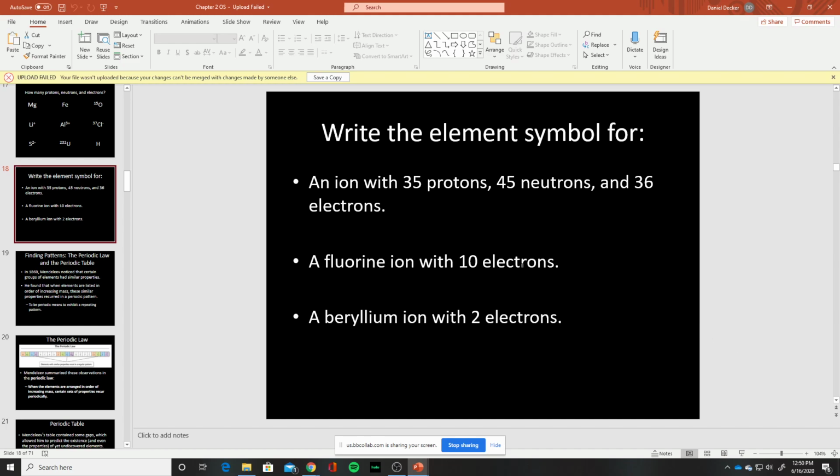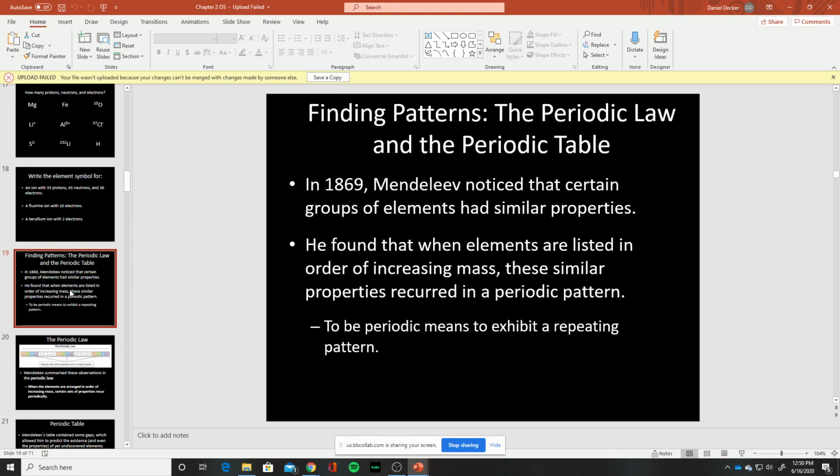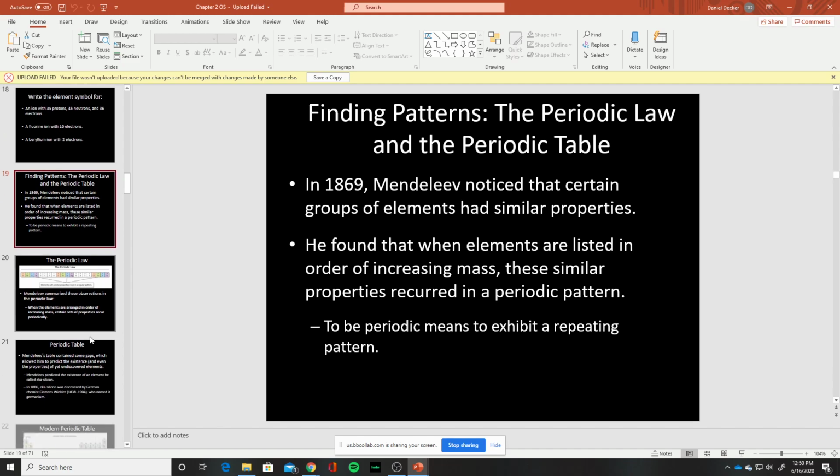I don't think I did any like this. What's the opposite? Where I tell you how many things there are and you have to tell me what the symbol is. But obviously you should still be able to do that. But I don't think I put any of those on there.